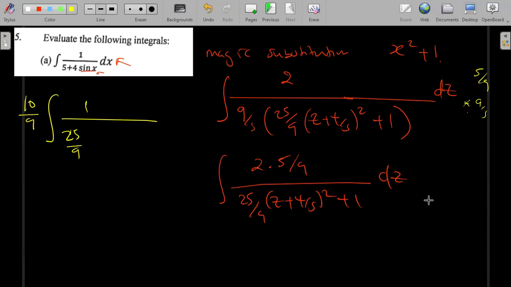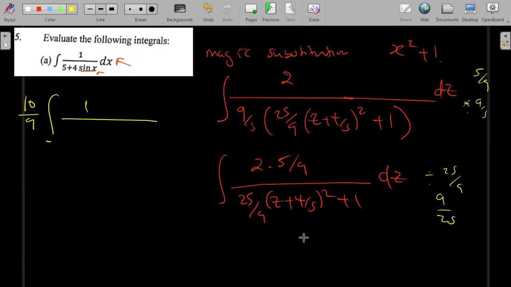We can say it's the same as dividing 25 over 9. Then this can be written as 9 over 25. Then I have my 9 multiplying there on top. The 9 goes.